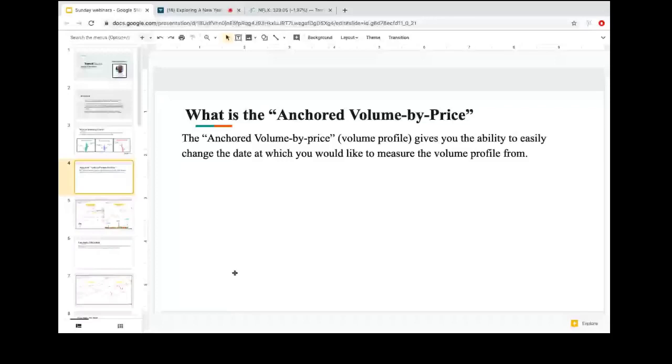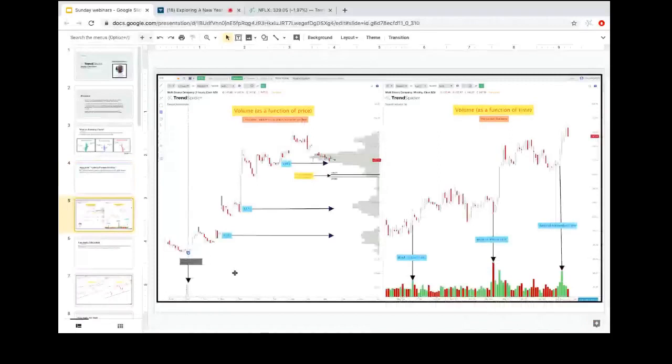In this case, this is volume by price on the left. This is just regular volume on the right. What you'll see is that on the left we have volume as a function of price rather than volume as a function of time. On the bottom, the volume is simply showing us what these volume bars were doing on a particular date.